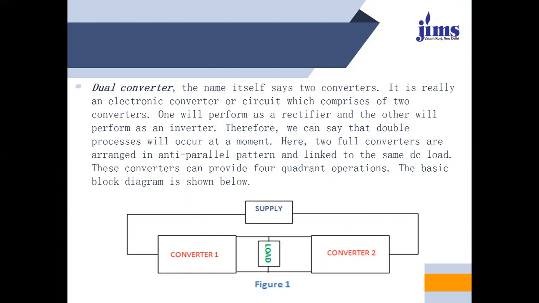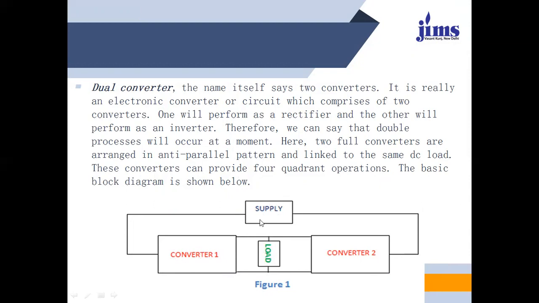Here, two full converters are arranged in anti-parallel pattern and linked to the same DC load. These converters can provide four quadrant operation. The basic block diagram is shown. Over here, you find an AC supply, converter 1, converter 2, and in between them there is a load.